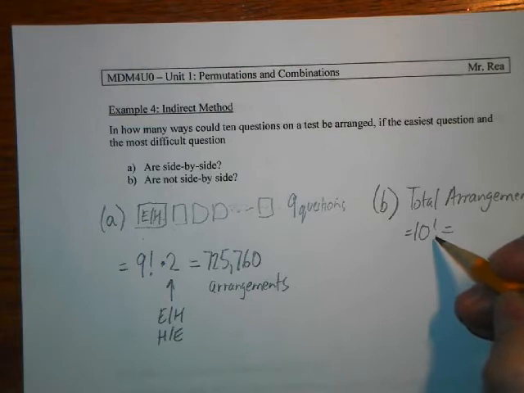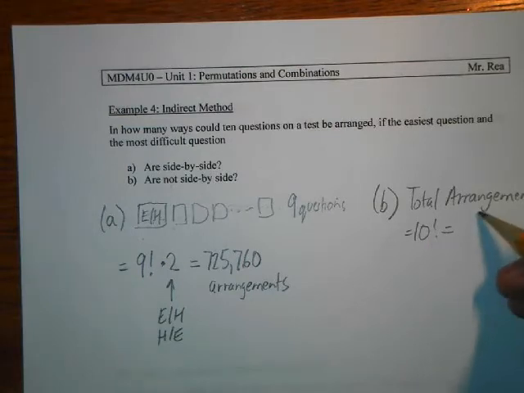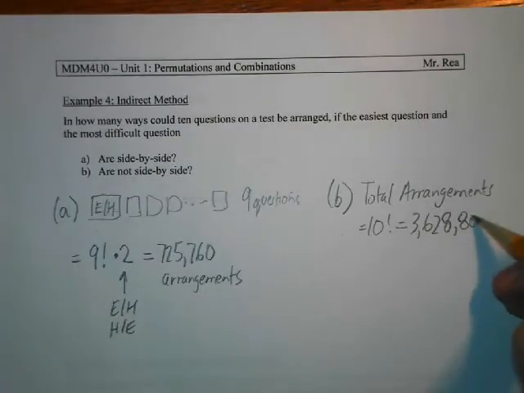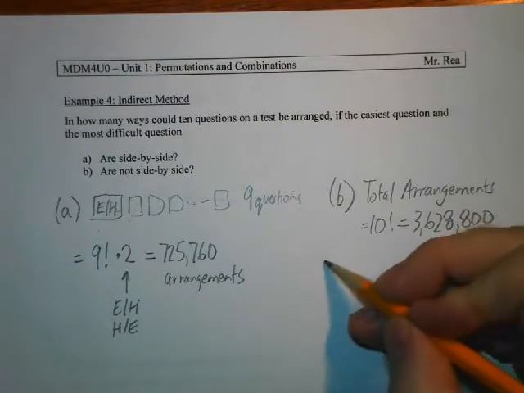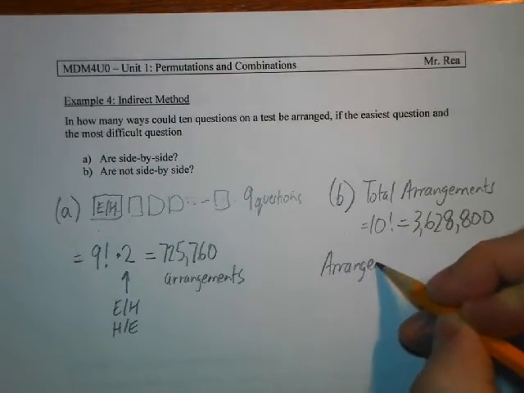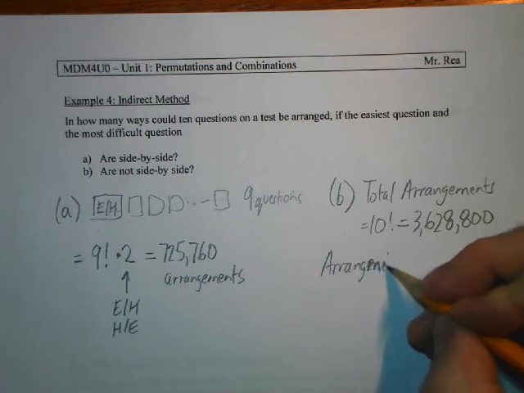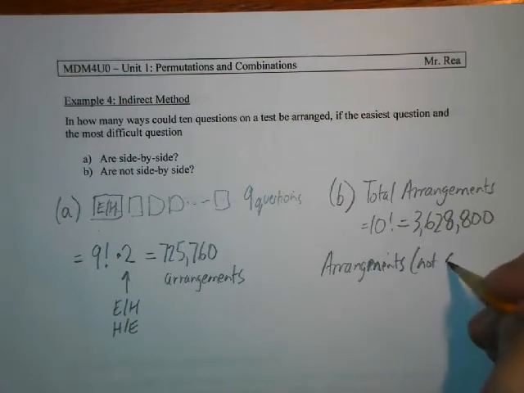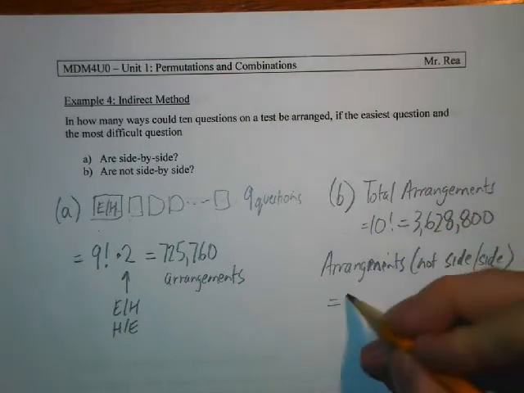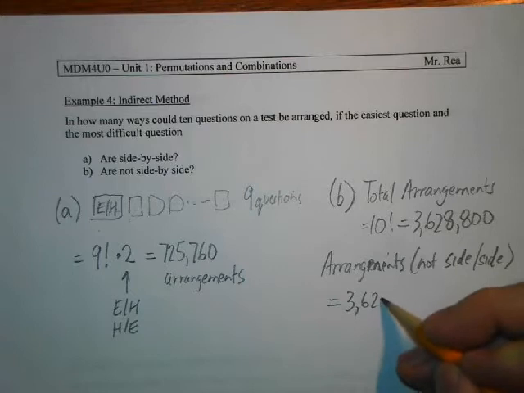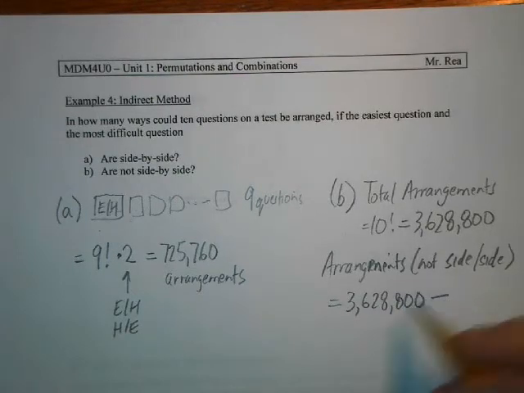which is pretty big, 3,628,800. Okay, and if we want the arrangements where the easy and hard questions are not side by side, that's going to be equal to the total arrangements where there are no restrictions, 3,628,800, and subtract the ones where they are side by side.